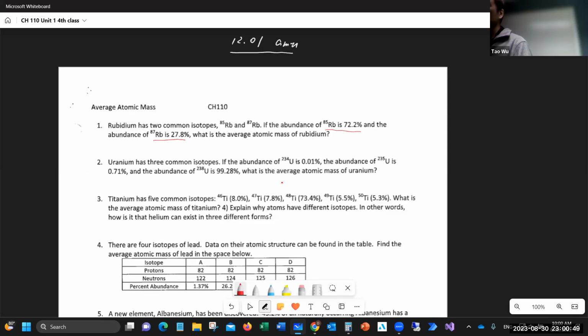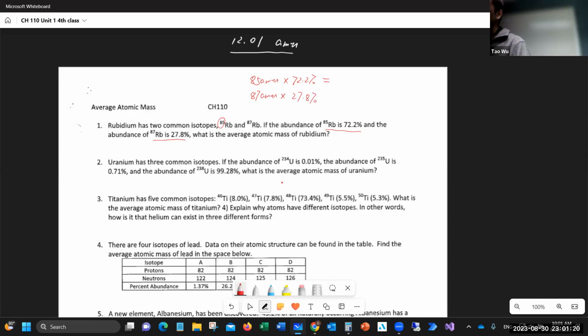So in this case, we can just assume the mass number is the mass of those isotopes. So rubidium-85 has 85 AMU, and its abundance is 72.2%. Then rubidium-87 has 87 AMU, and its abundance is 27.8%.